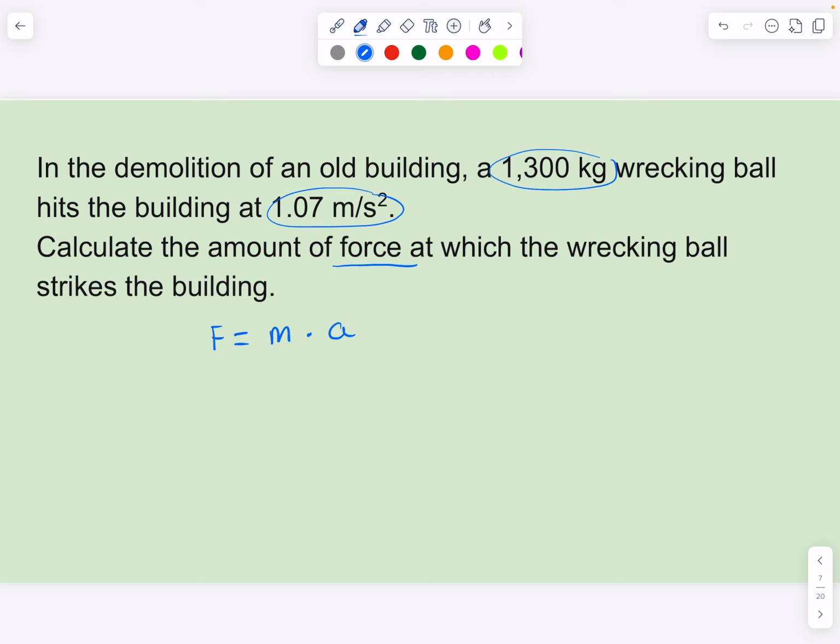Our mass is 1,300 and our acceleration is 1.07. When we multiply 1,300 times 1.07, we end up with the force equal to 1,391 newtons. That's just a little recap on calculating force.